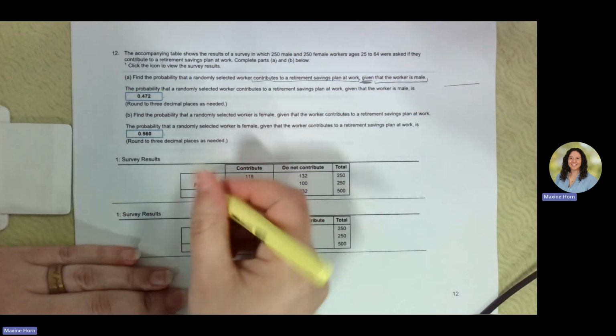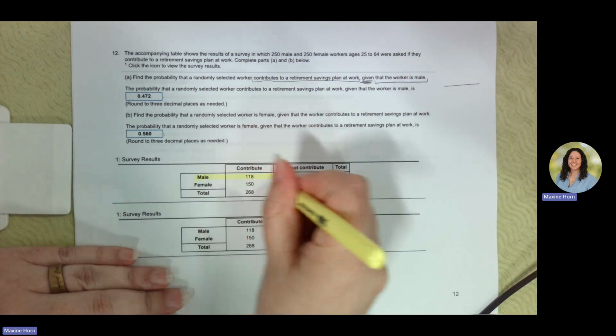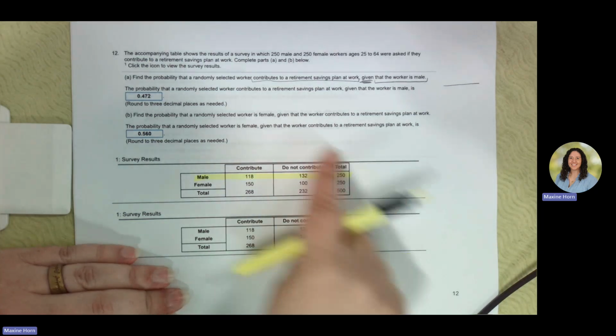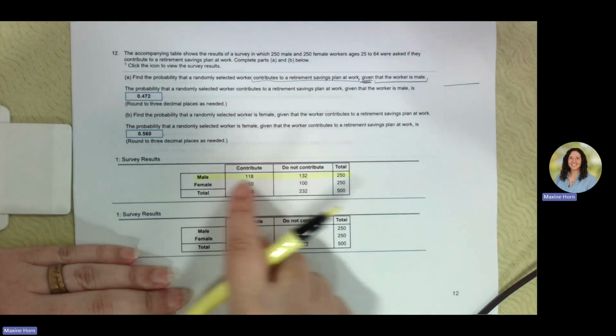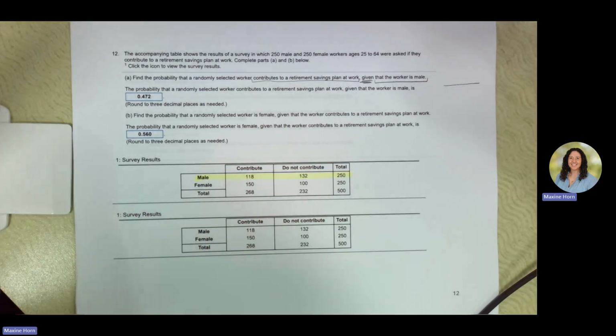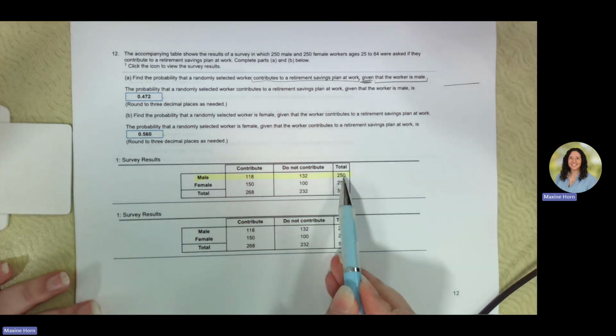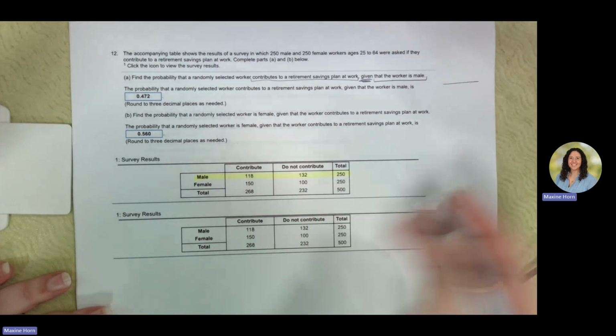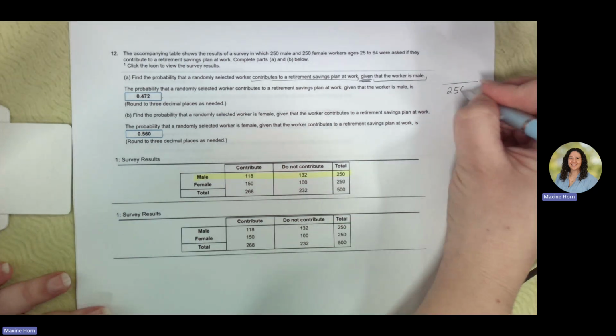So we're going to do the same thing we did before and say, okay, that's my new sample space. I'm no longer looking at the entire table. I'm only allowed to look at this row. Sometimes they'll give you a row, sometimes a column. In this case, they gave us a row. So I'm only allowed to look at the male participants of this survey. My new denominator is 250, because the given determines what my denominator is.